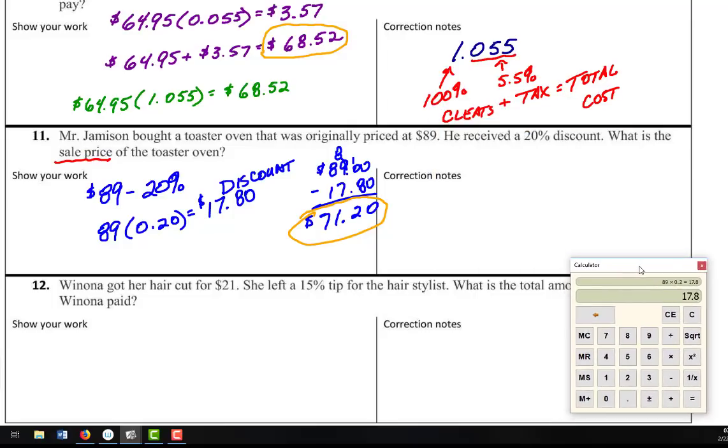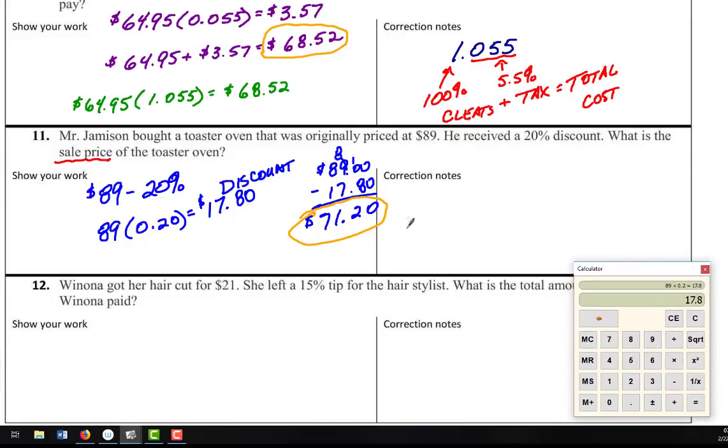Now, you might be saying, well, wait a minute. On the last problem, I had a way I could do it all at once without that subtraction. Can I do the same thing here? And the answer is yes. So if you save 20%, that's that discount, what do you pay? Well, if you save 20%, you pay 80%.